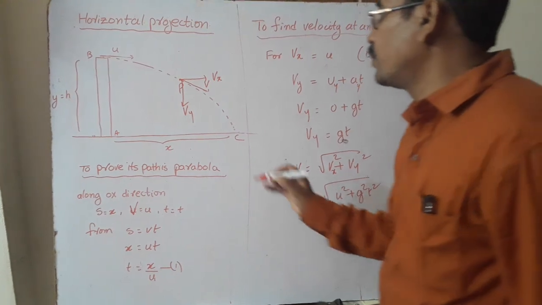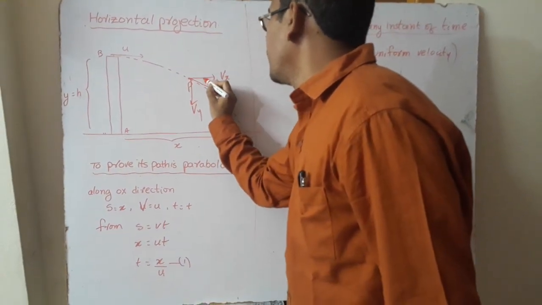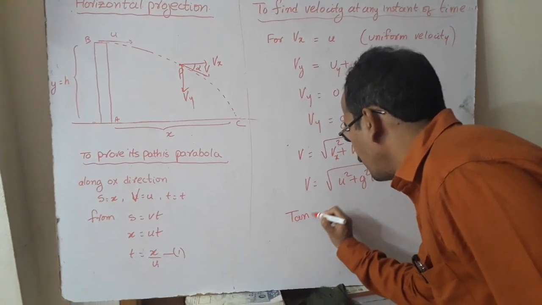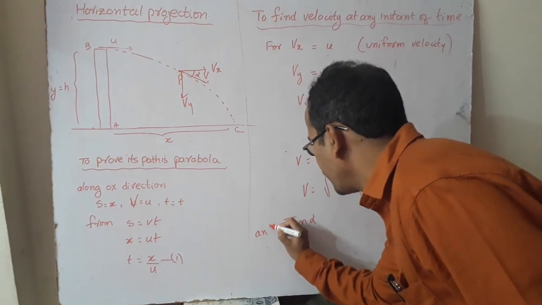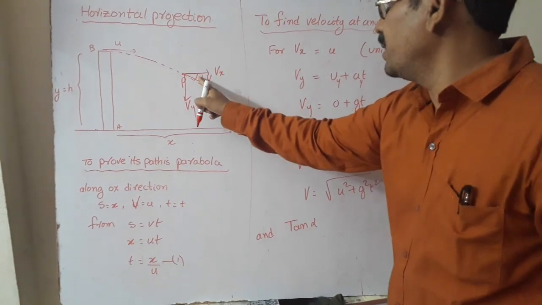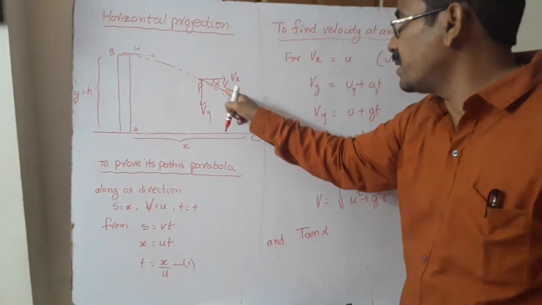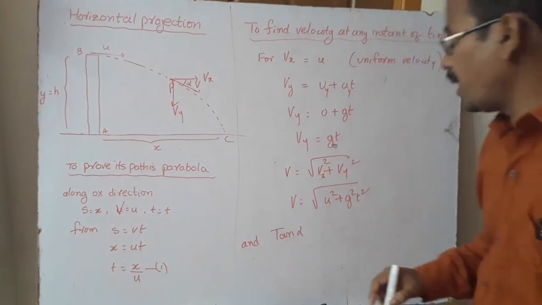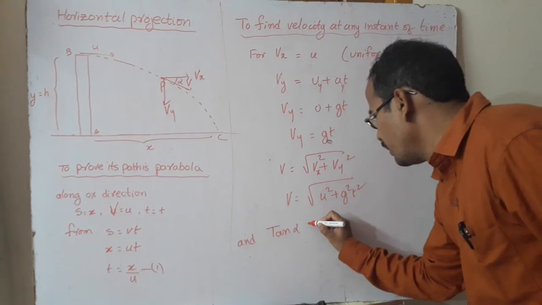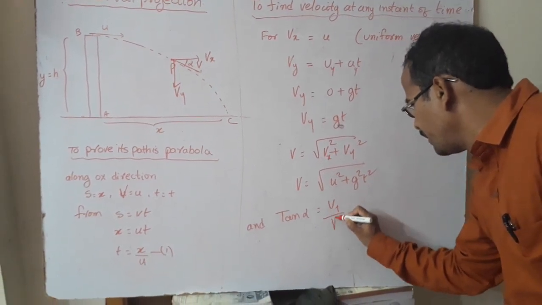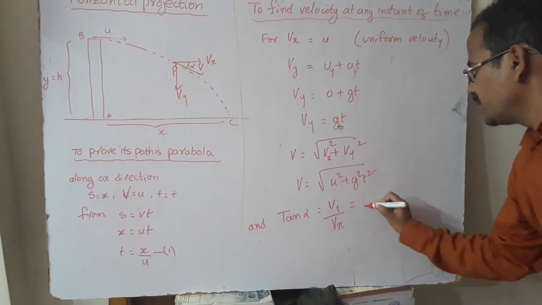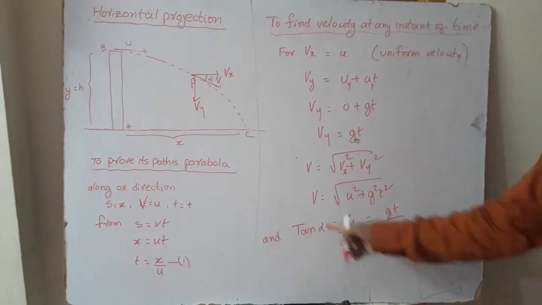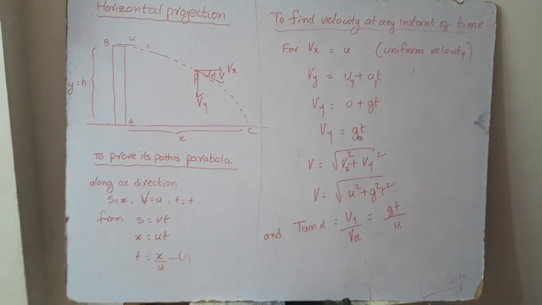Right, and also I want to find tan alpha. What is alpha? Alpha is the angle made by the resultant velocity with horizontal direction. Tan alpha is equal to Vy by Vx is equal to gt by u. This is the formula for tan alpha.